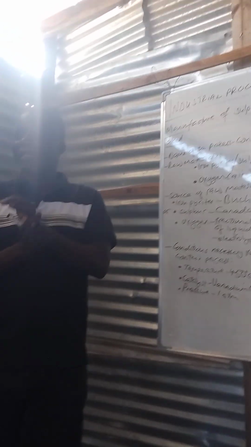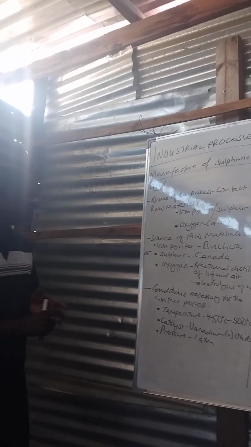So we have the name of the process, the raw materials, and the conditions.